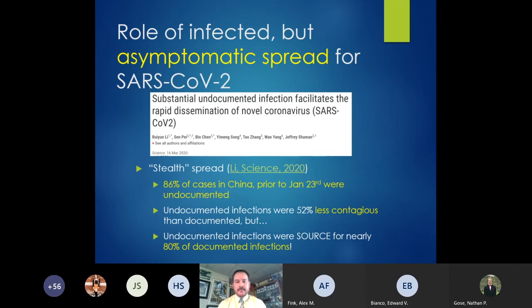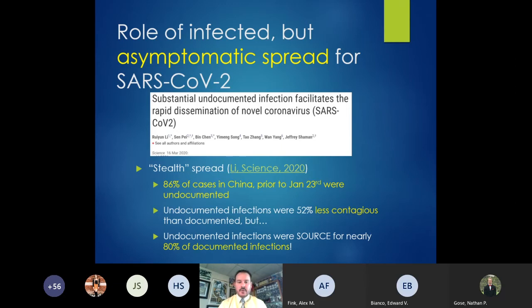So this is data out of China, and what it's indicating is the level of stealth spread. And what they've indicated is that about 86% of cases in China, prior to the travel ban on January 23rd, 86% of cases were undocumented at that particular point. So 86% of cases were unconfirmed.